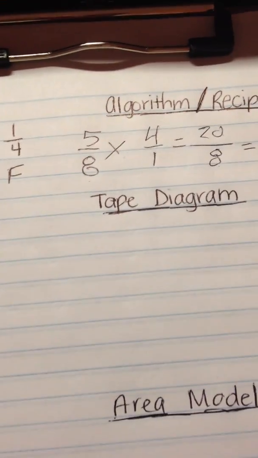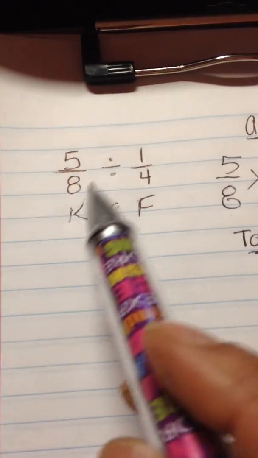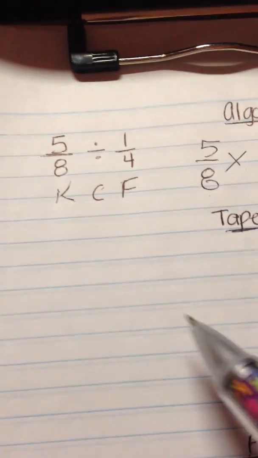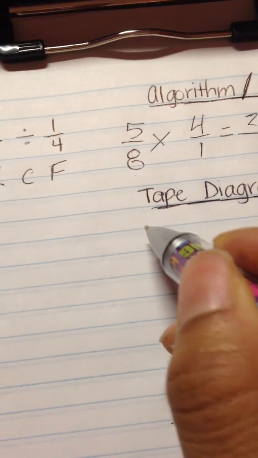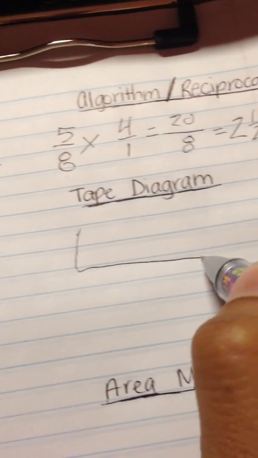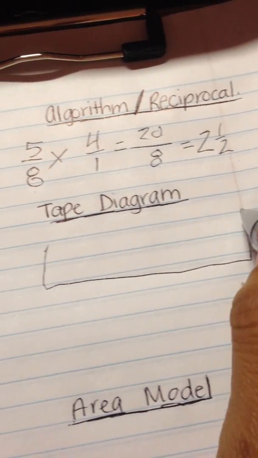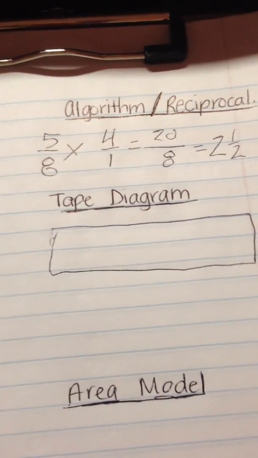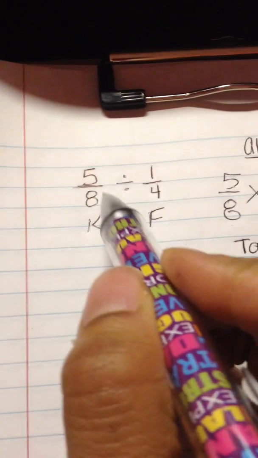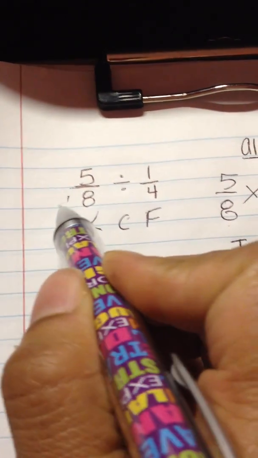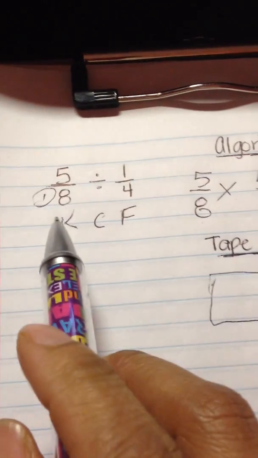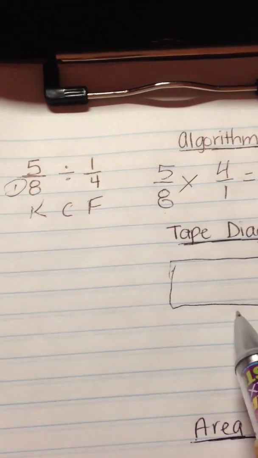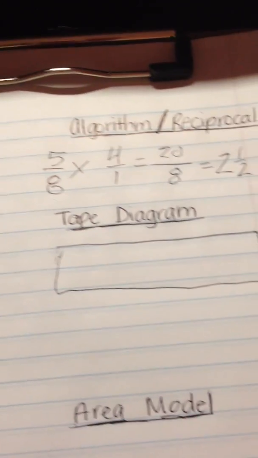Now to do the tape diagram, we're going to look back at our original problem. And what that does is it allows us to draw a rectangle. And we're going to divide this rectangle according to our problem. So using the denominator, we call this our first boss. Our first boss told us to divide this box into 8 pieces.